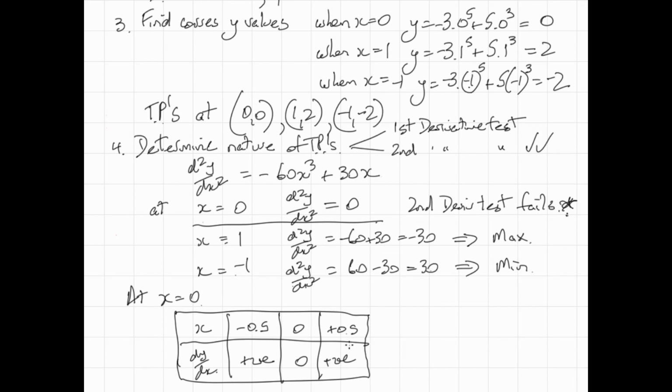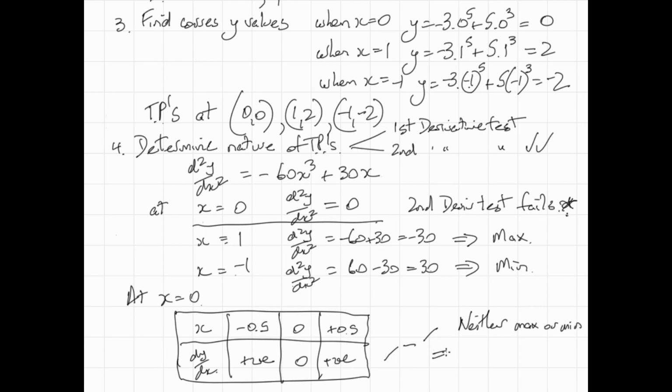So what happens is you're substituting negative 0.5 into dy dx. When you put 0, you know you get 0. When you put 0.5 in, you'll get another positive value. So we've got a positive gradient, a 0 gradient, and then another positive gradient. So this tells me that we actually have neither a max nor a min.